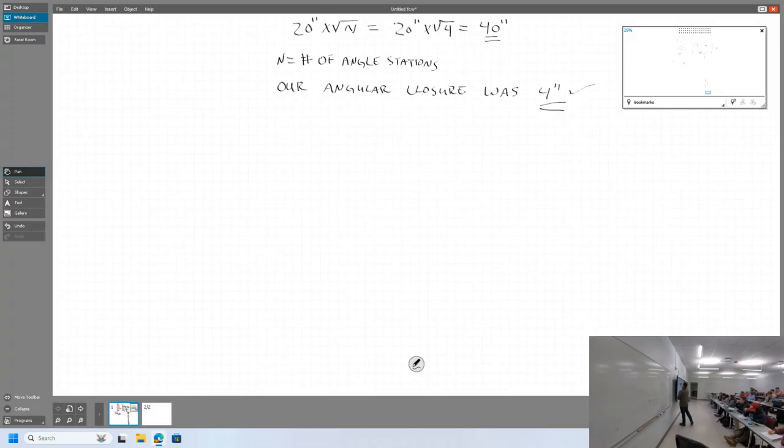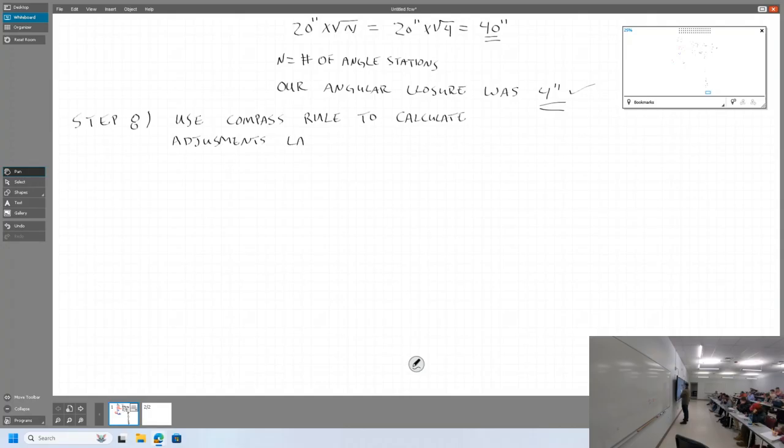So again, step 8, that is compass rule. Calculate adjustments to latitude and departure.